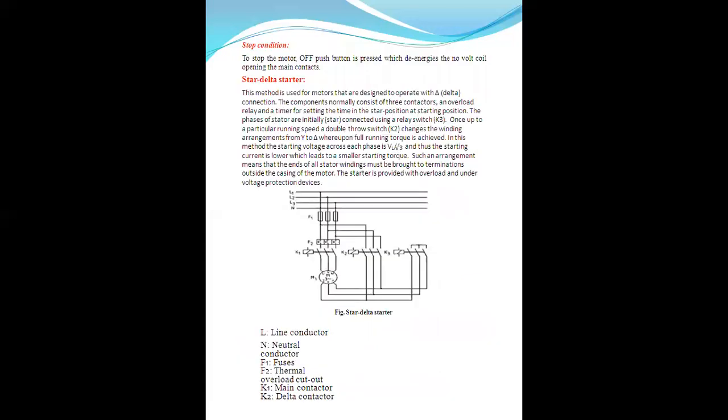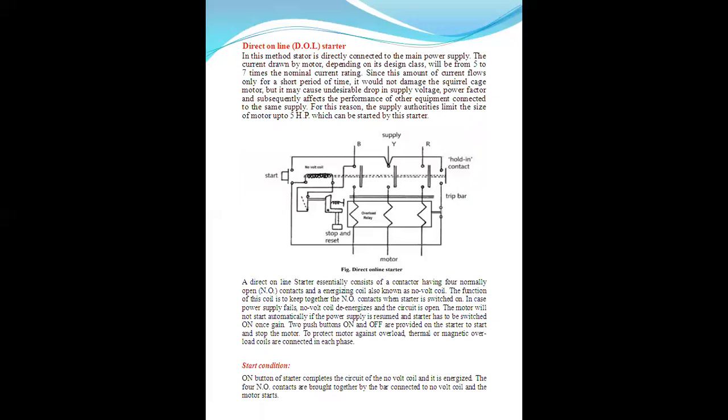Stop condition of the motor: the off push button is pressed, which in turn de-energizes the no voltage coil and opens the main contacts. When this coil gets de-energized, it opens the main contacts, which means the motor is in stop condition.